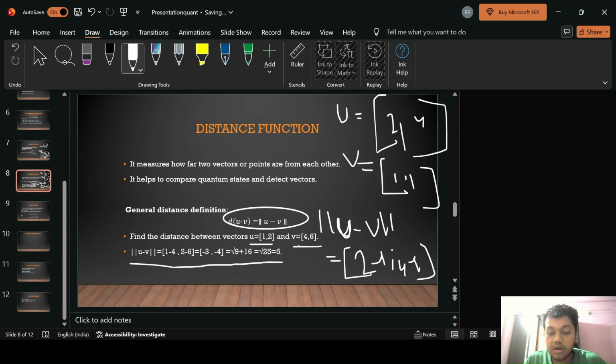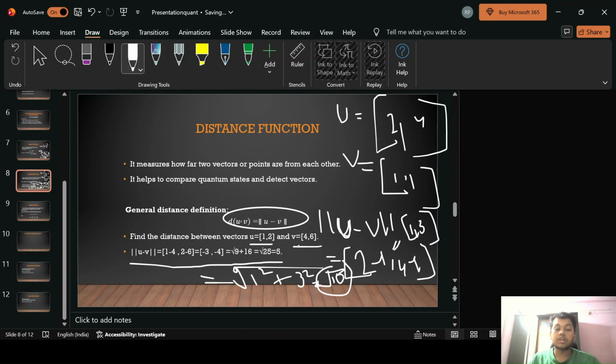This is 1 comma 3. So let's take the root of this: 1 square plus 3 square equals root 10. So the distance between the two vectors u and v would be root 10.